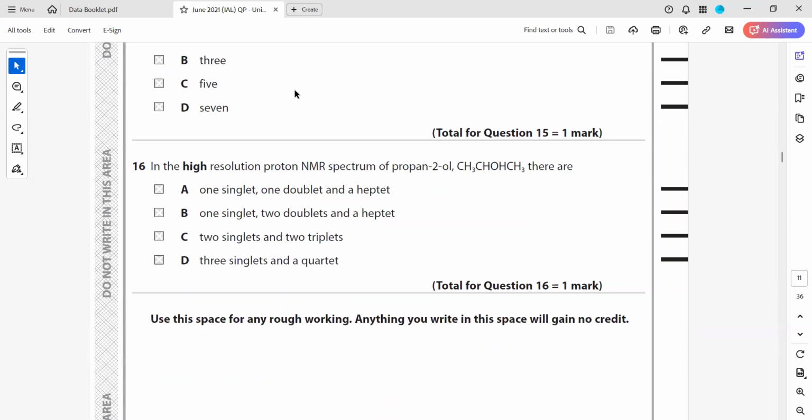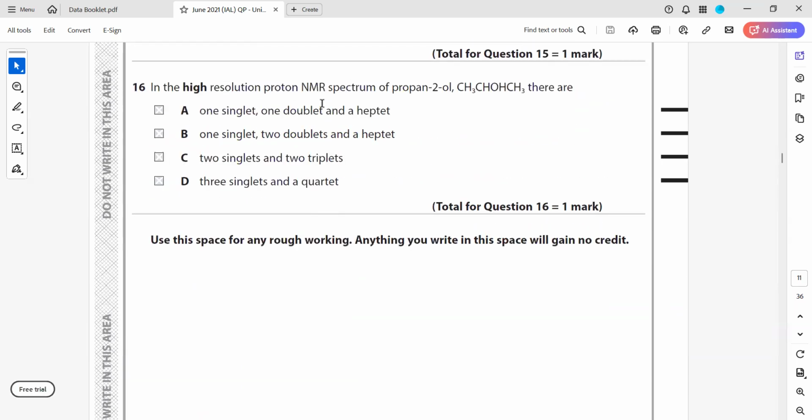The next we have is question 16. In high resolution NMR of propan-2-ol, there are, so propan-2-ol is there. We have CH3. Then we have C, which has OH. Okay. Propan-2-ol.